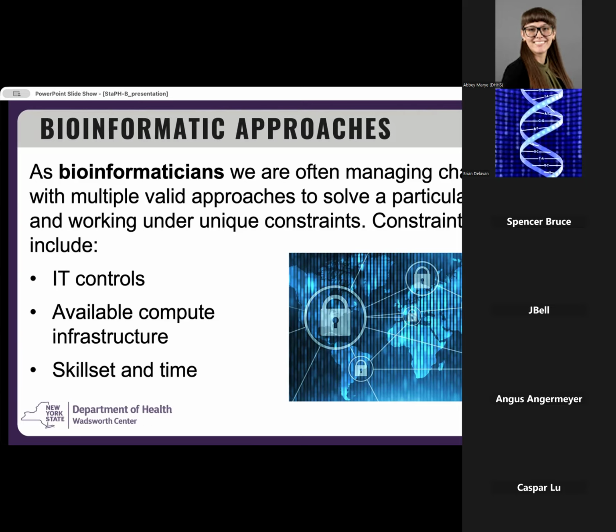So there are a lot of things controlling how we do things that are kind of outside of our control. I think one thing that makes a centralized approach to public health bioinformatics so difficult is that every public health lab is working under these different constraints.